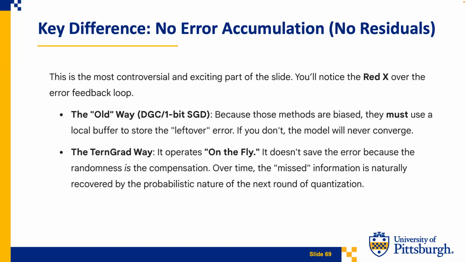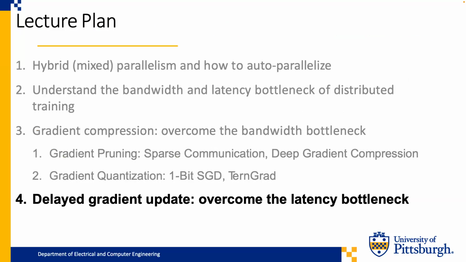It operates on the fly. It doesn't need to accumulate the error because the randomness is the compensation. Over time, the missed information is naturally recovered by the probabilistic nature of the next round of quantization. So that's the beauty of this randomized quantization. So that's TernGrad. Very interesting work.